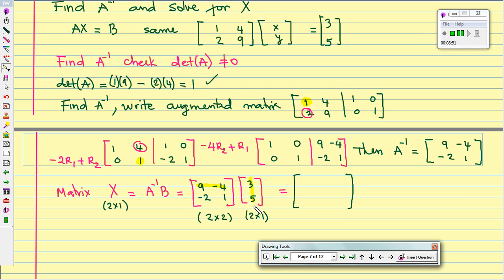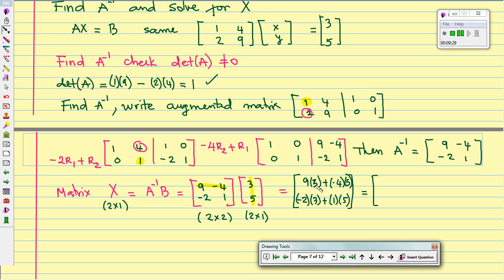So I'll take row times column. We have 9 times 3 plus -4 times 5. And then the next row will be -2 times 3 plus 1 times 5.